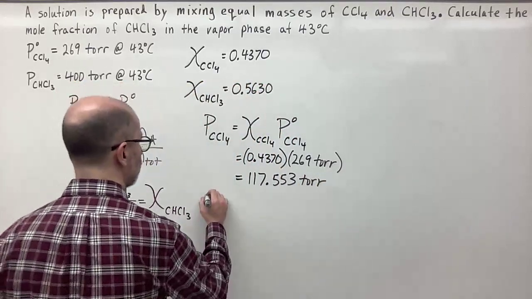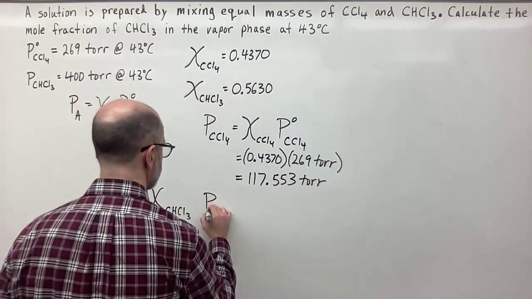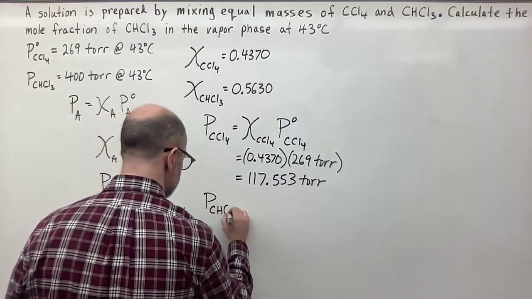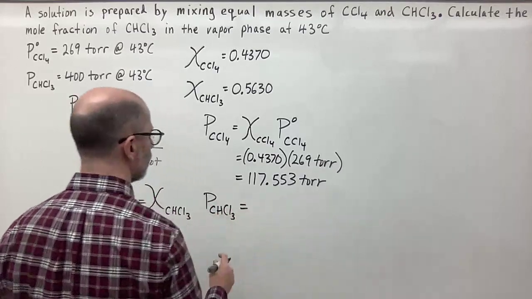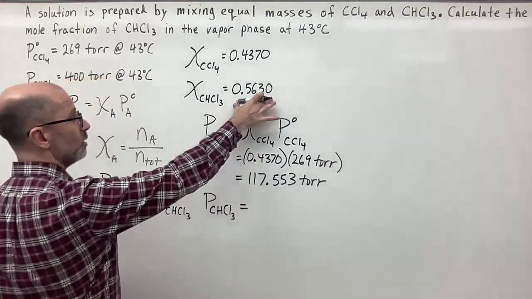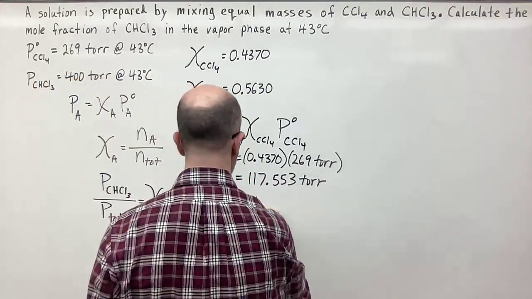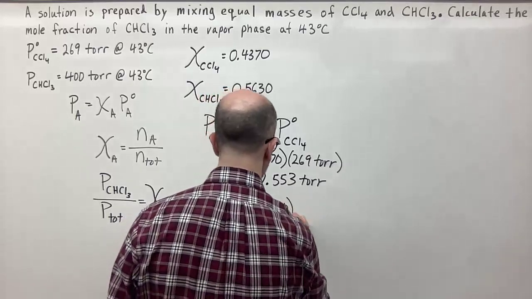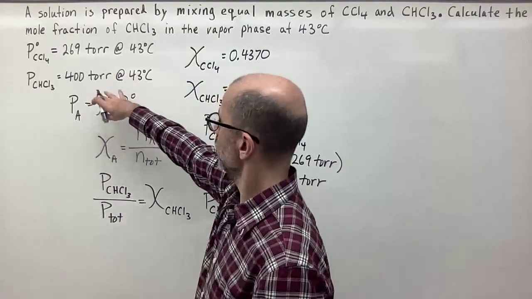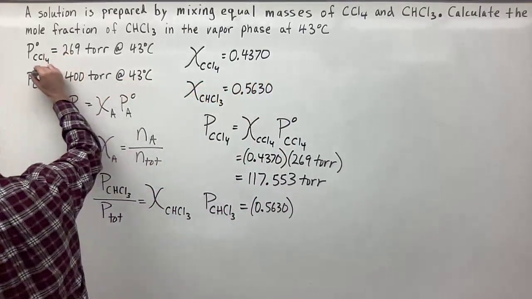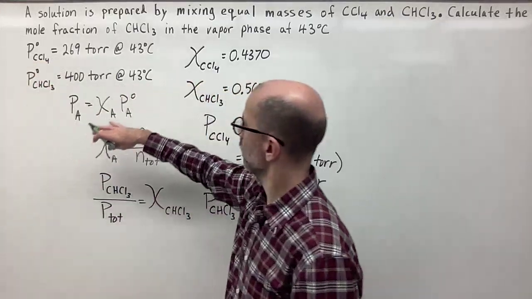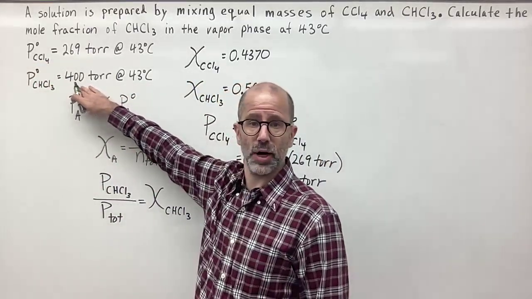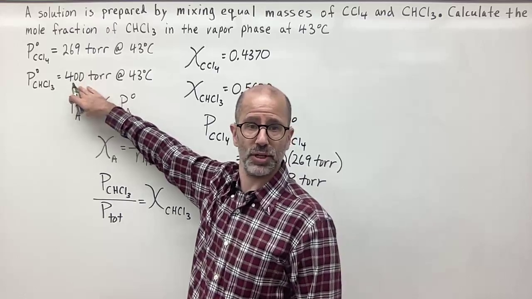And then if we do the same thing for the partial pressure of trichloromethane, we're going to multiply its mole fraction, 0.5630, times the pressure of pure trichloromethane at 43 degrees Celsius.